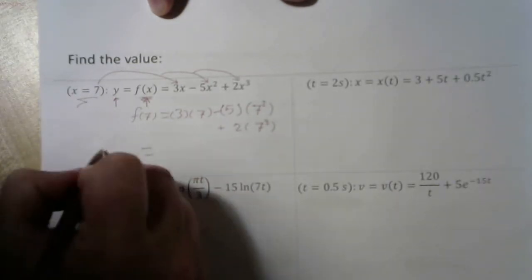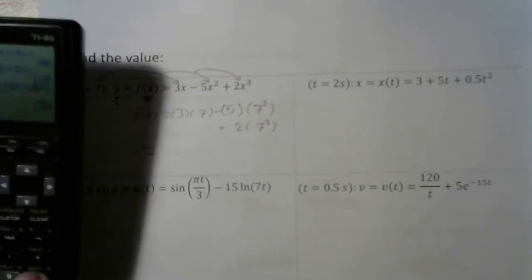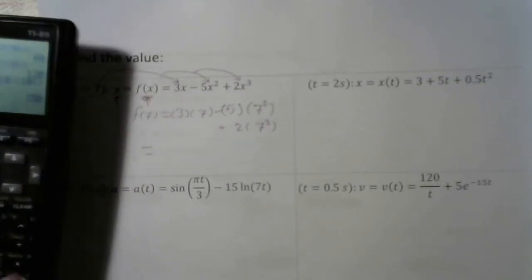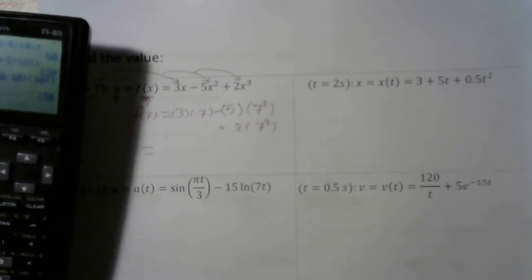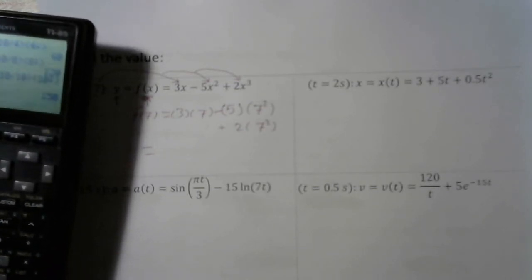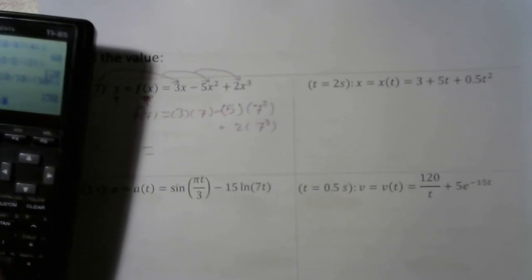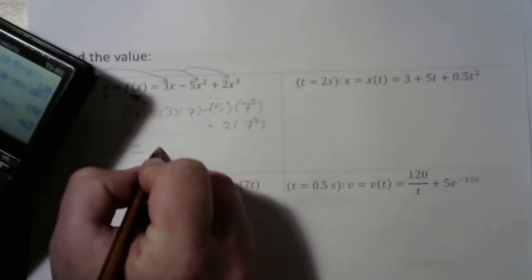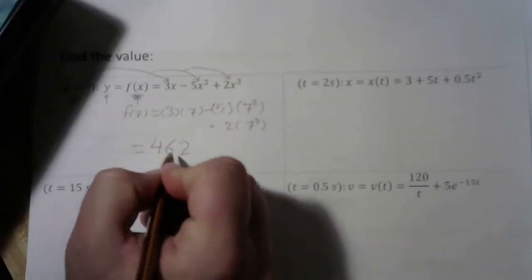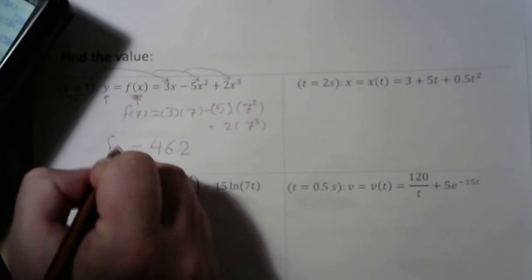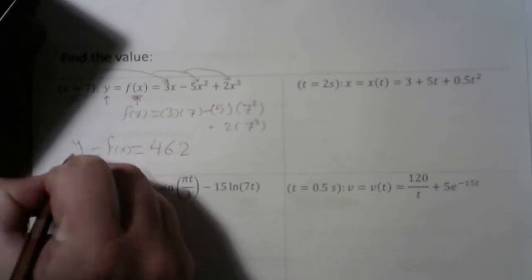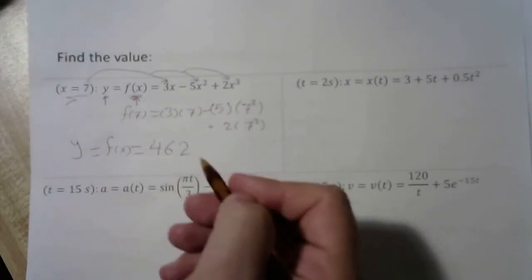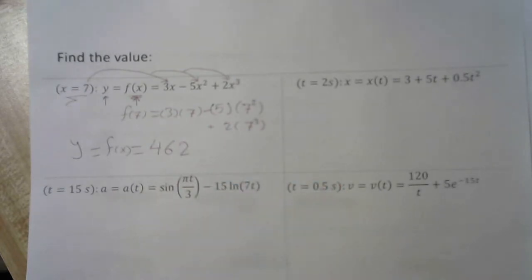This is equal to minus, this will be equal to 462. This is f of x, which is equal to y. This is mathematics. There is no units. I don't need any unit here.